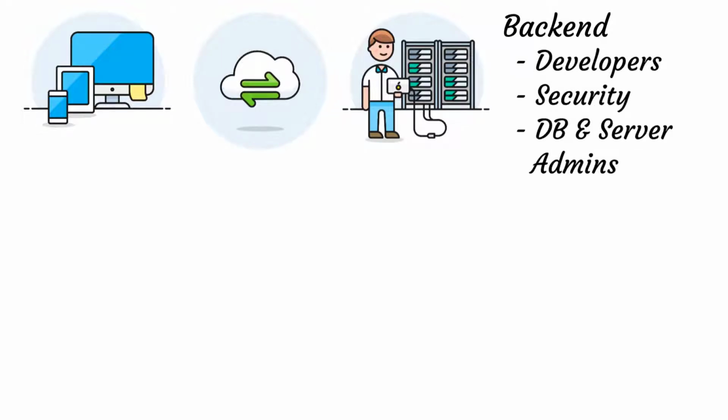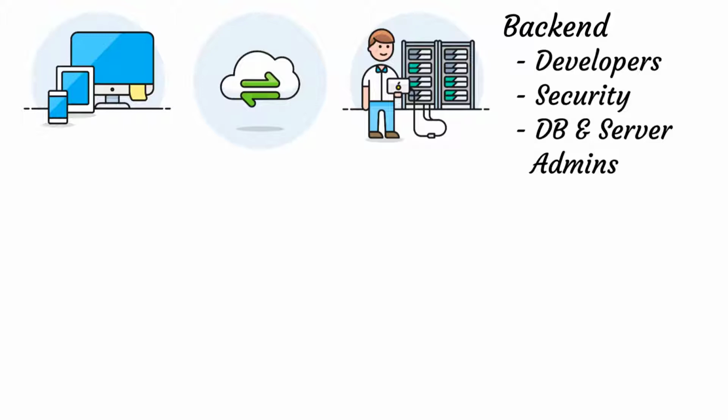And the backend of the application is generally, of course, the place where you store the data and where these companies are actually processing the data behind the scenes. And in terms of the backend of a system, there are different types of roles that you're going to find. Again, these are some of the ones that you're going to find. It's not a complete list, but you're going to find backend developers.